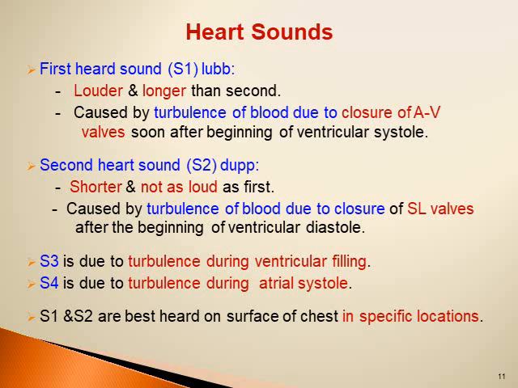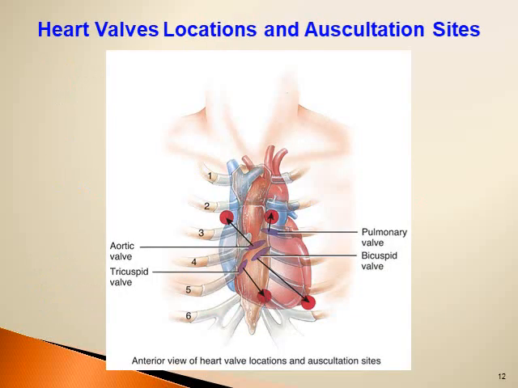S1 and S2 are best heard on the surface of the chest in specific locations as shown in this figure. You can see here that the best place to hear the tricuspid valve is here, just in the lower part of the middle chest.